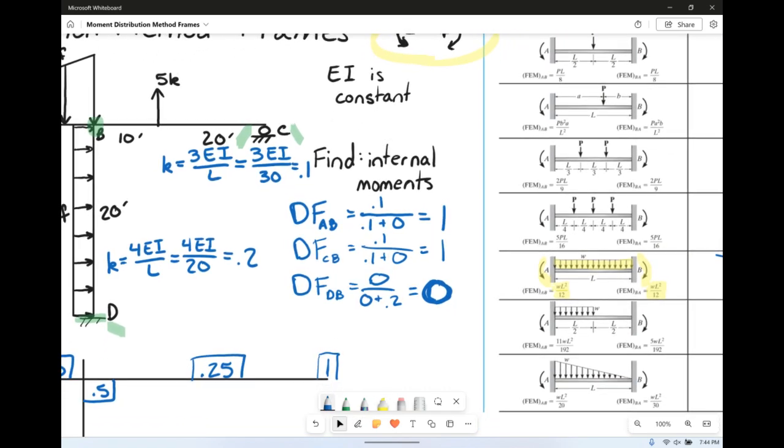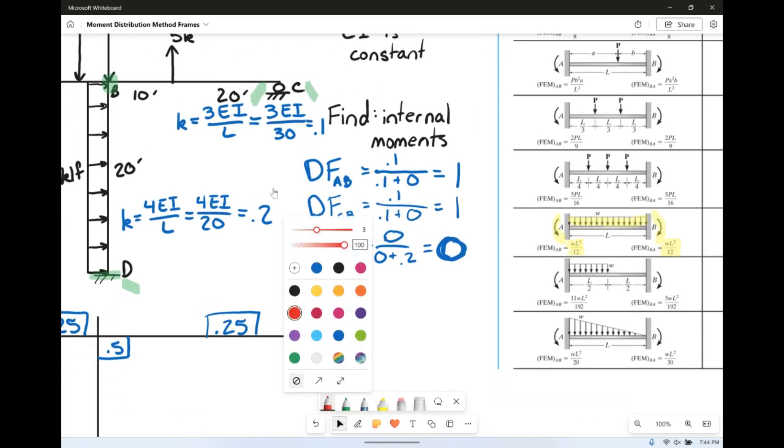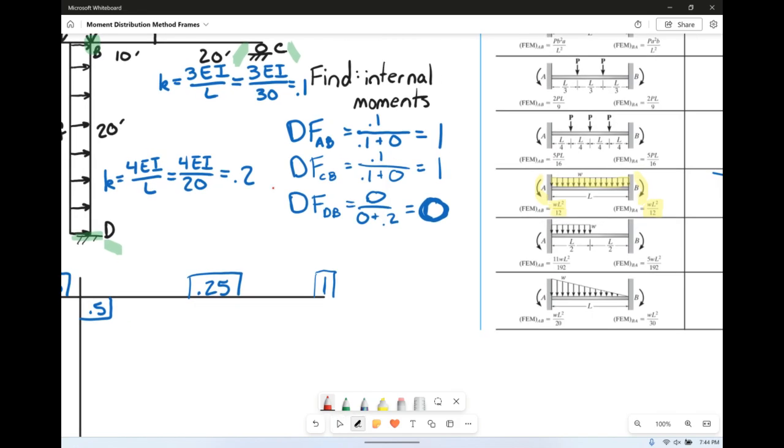So let's write that fixed end moment down here in a new color. Our fixed end moment, this will be number 1, is equal to WL squared over 12. Now W we said was 1 kip per linear foot, L was 20 feet, squared, over 12. That value is going to be 33.3.